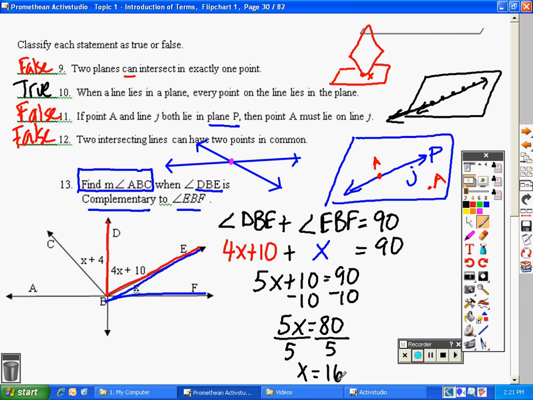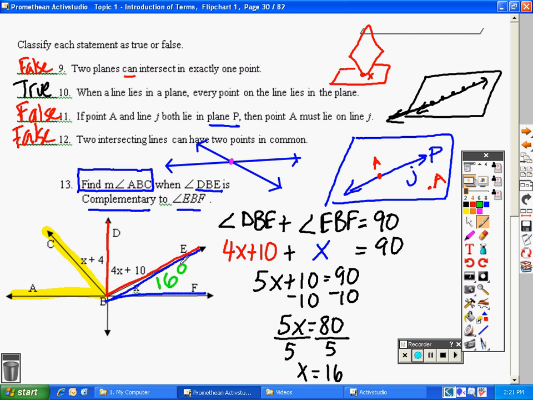So we're almost done answering our question. Our next question that we are going to actually have to answer is, what is angle ABC? So that's A, B, C. We need to know that angle. All right, there's several ways that we can look at getting this answer. We know what x is, so we can fill in what all those other angles measure. If this is x, this is 16 degrees.